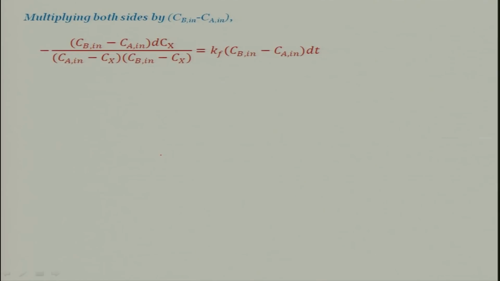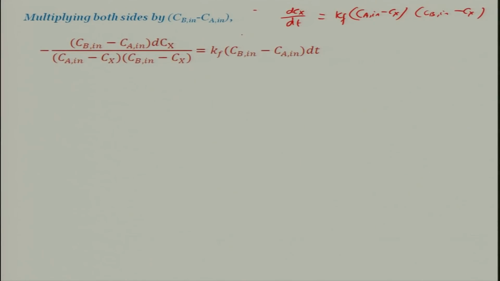Now, what we will do is multiply both sides by Cb in minus Ca in. If you look at what we had seen earlier, minus dCx by dt is equal to Kf times (Ca in minus Cx) times (Cb in minus Cx).